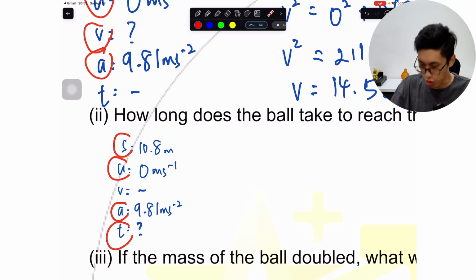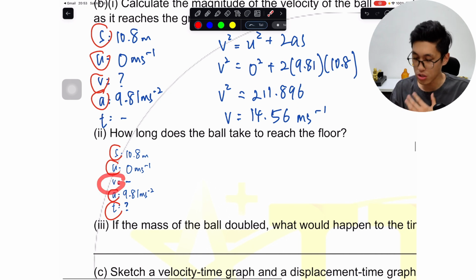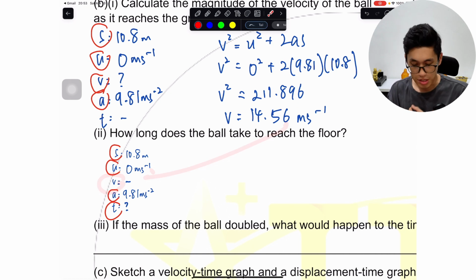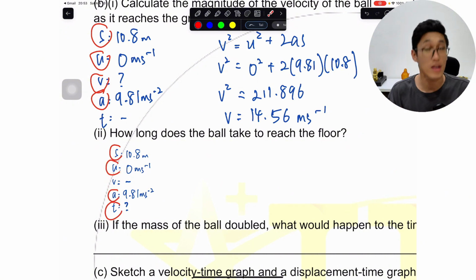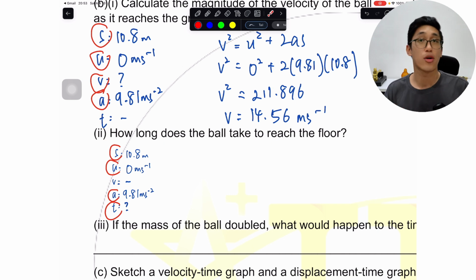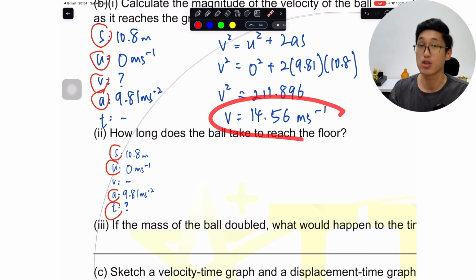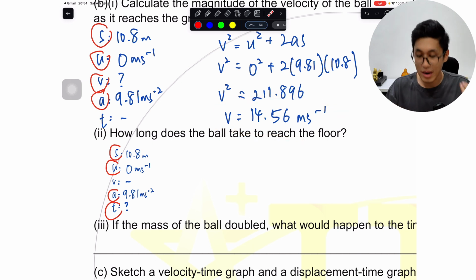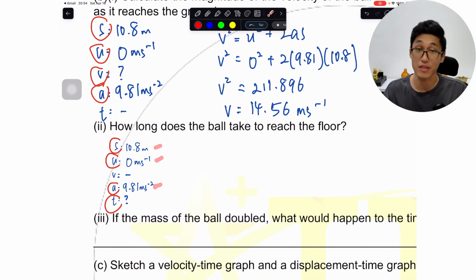Now, could you use V since you already have the number here? Let's say I want to use UVAT. Could I do that? Of course, definitely. Technically it's not wrong. But how sure are you that your answer for V is correct? During your exam, you cannot check your answers. So you don't know whether the number that you have gotten is correct or not. So might as well use the numbers that they have given so you know that you are absolutely correct.